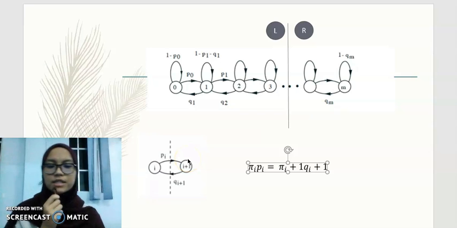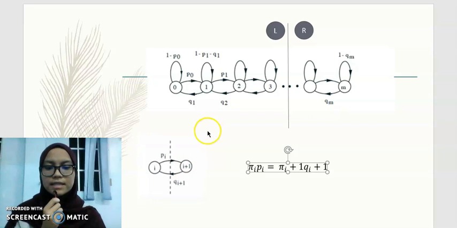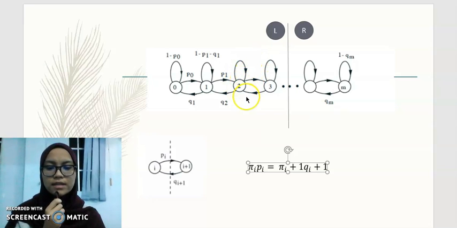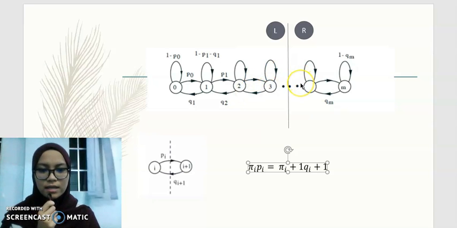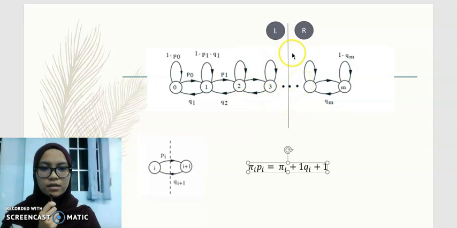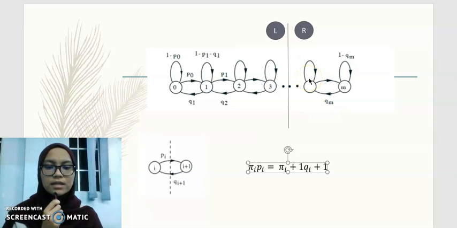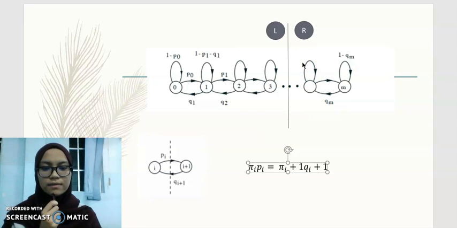So what is the chain going to do? Let's say it sits on the left, it is going to move around here, and at some point it makes a transition to the other side. That is a transition from i to i plus 1.